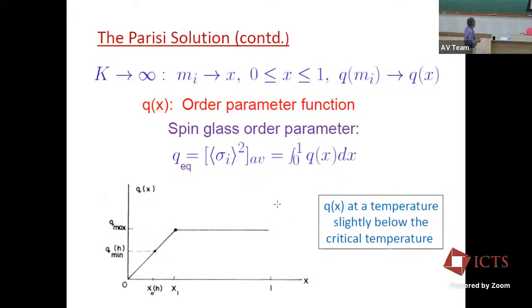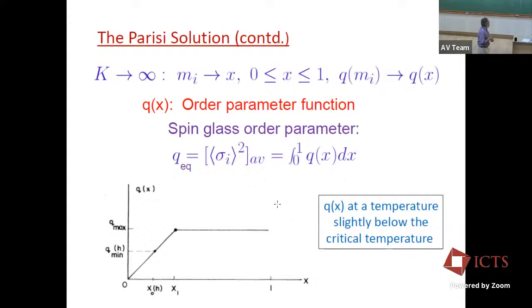And one finds that slightly below the critical temperature, this Q of X as a function of X has this particular form. It is again characterized by two quantities: one is X1 and the other is this Q max. And one can calculate both X1 and Q max in terms of temperature and things like that.